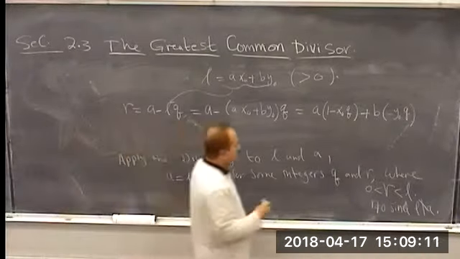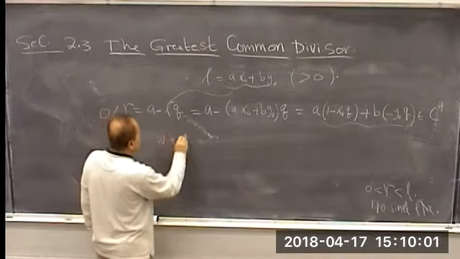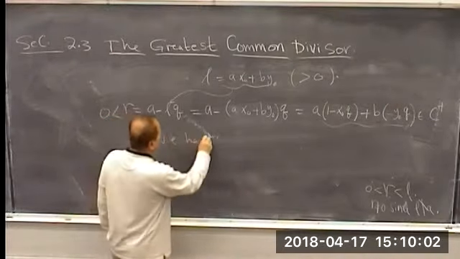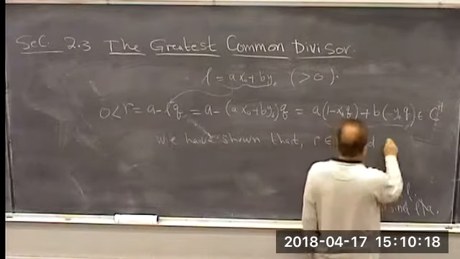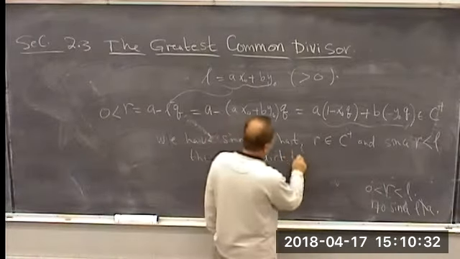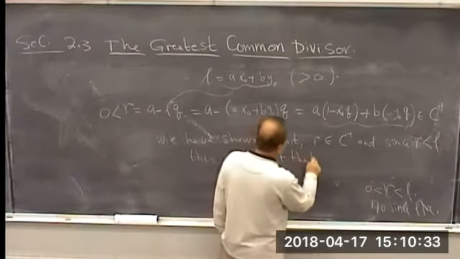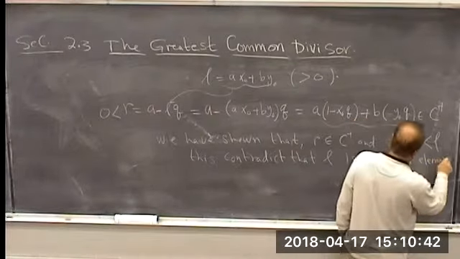So we have shown that R is in C plus, and since R is less than L, this contradicts that L is the least element in C plus.